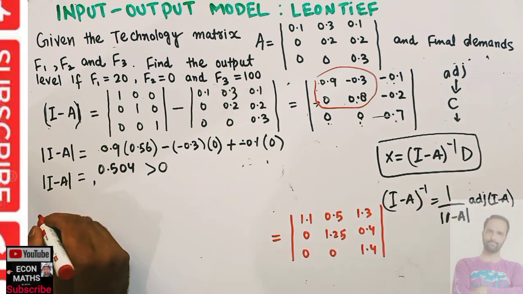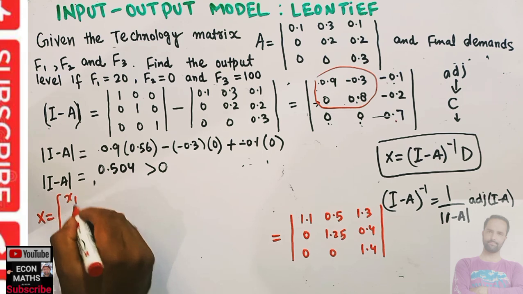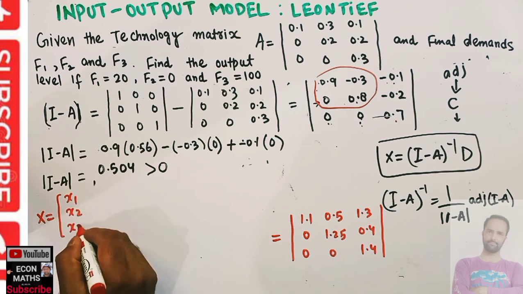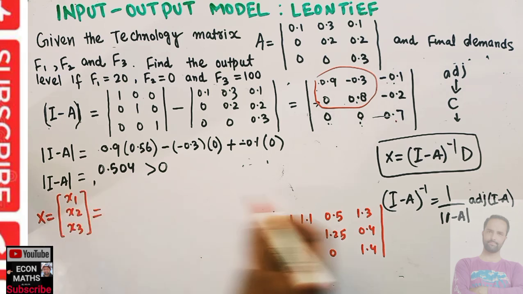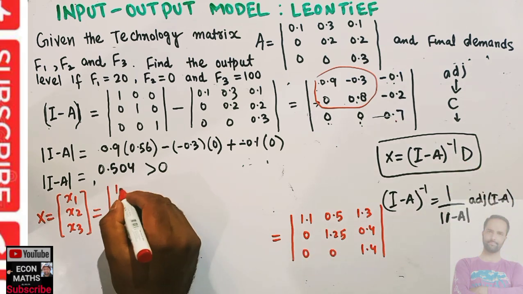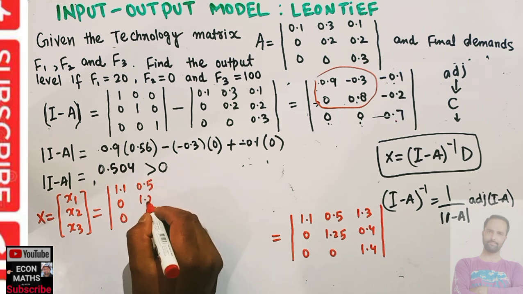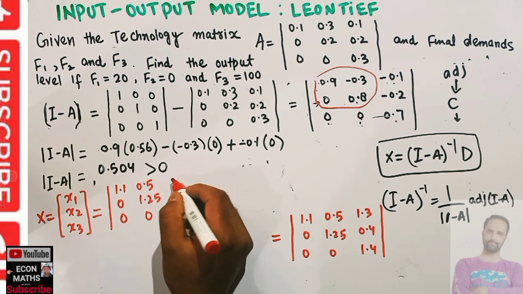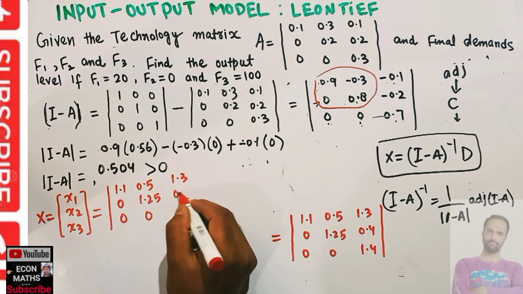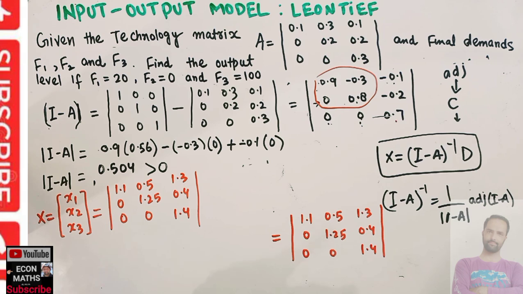Okay, so I will rub this out because I don't have the space. So our x final demand, that is x1, x2 and x3, will be equal to inverse, which is this matrix, that is 1.1 0 0, 0.5 1.25 0, and then we have 1.3 0.4 1.4. To this we multiply the final demand.